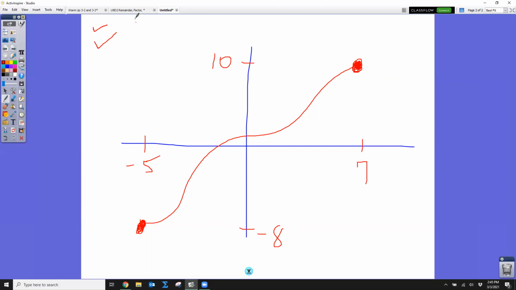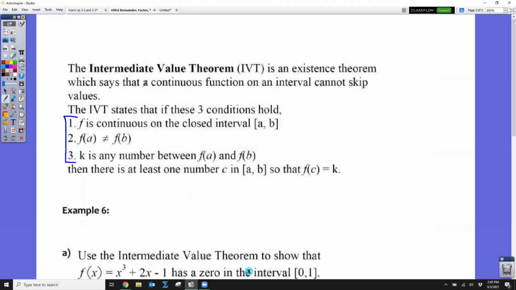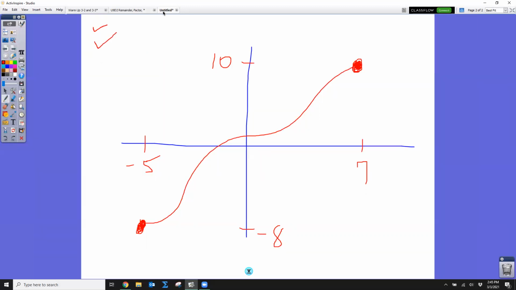And the last thing it says is this: k is any number between f of a and f of b. So let's say that the number we were concerned with was 2. You can definitely see that 2 is between -8 and 10. So there's check 3.